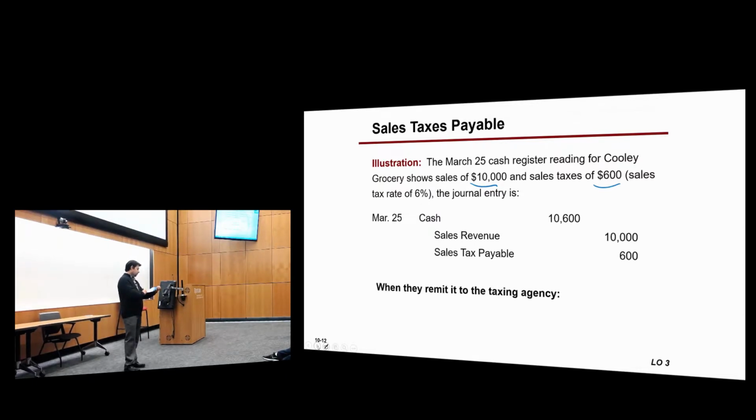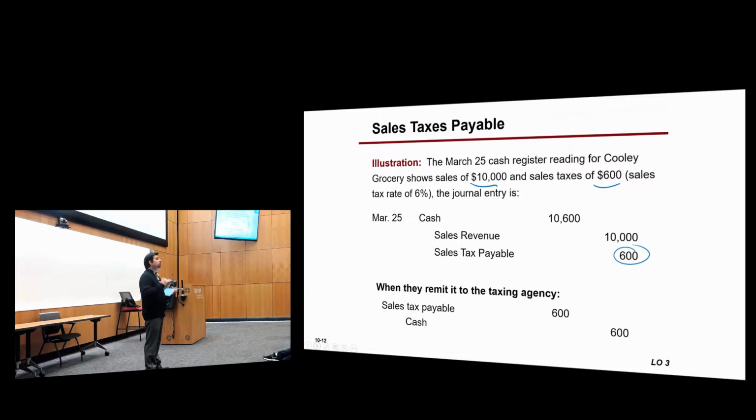Okay. So when the company actually makes the payment to the tax agency, what happens? The company will pay in cash. So cash will be credited, how much? 600. The company will debit the liability, sales tax payable, 600, and they will credit cash 600.